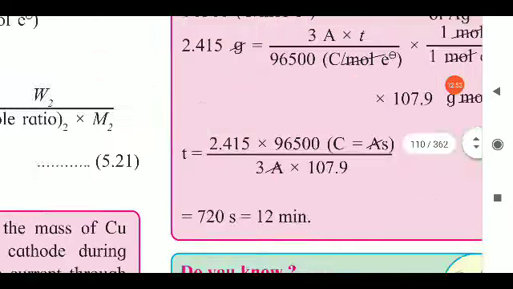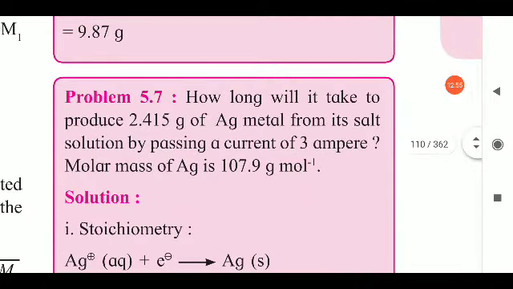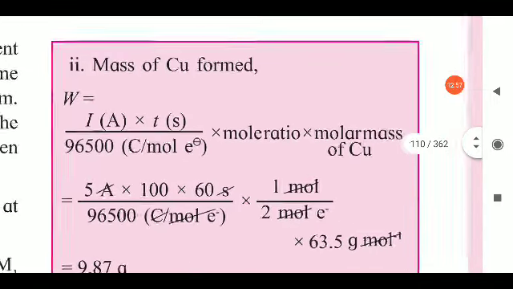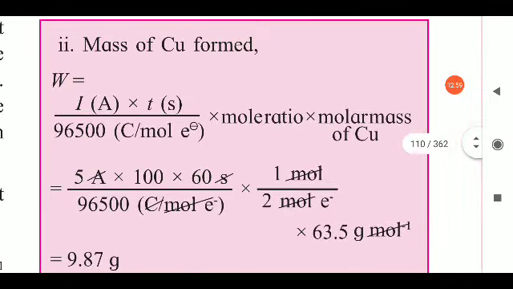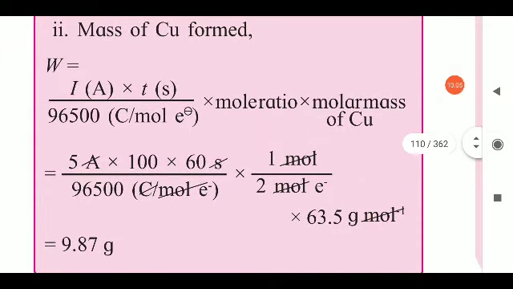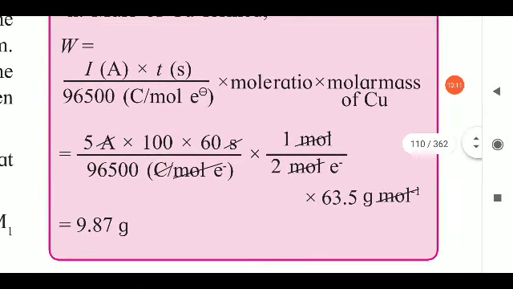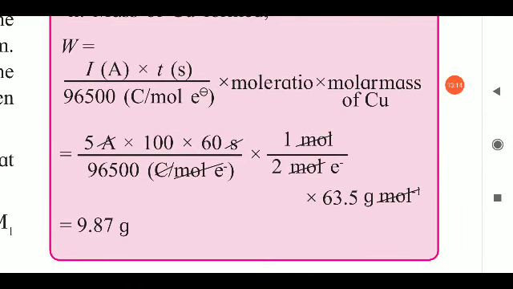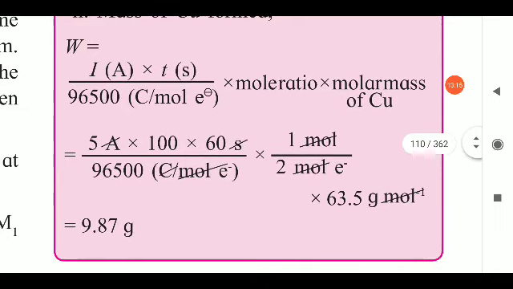This is a printing mistake which I noted in the textbook. After that, the mass of the copper formed, that now we are going to calculate. You just use the simple formula W is equal to IT divided by 96500 into mole ratio into molar mass of copper. So by knowing all these things, we can solve by substituting all the values.